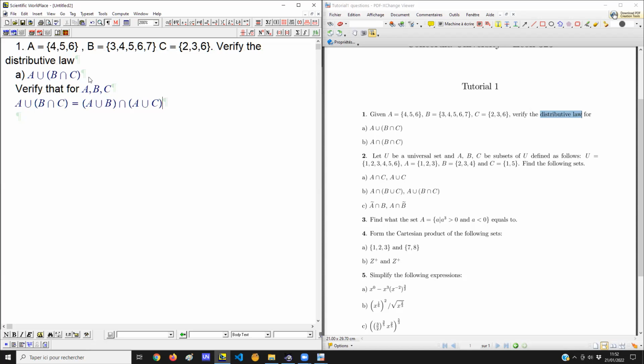So somebody has tried it? You can say it in the chat if you have the answer. I can leave you sometimes to compute it on your own.